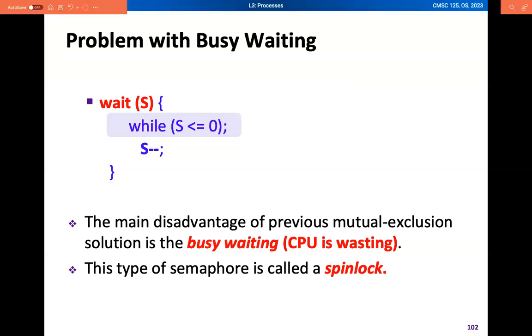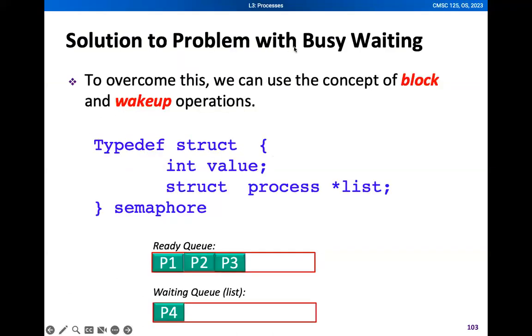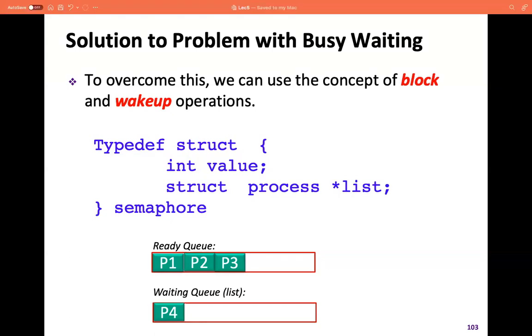Now, instead of using wait and signal, we make use of the block and wake up operations. It means that rather than engaging in busy waiting, the process can choose to suspend itself.